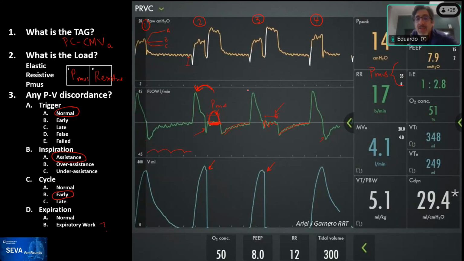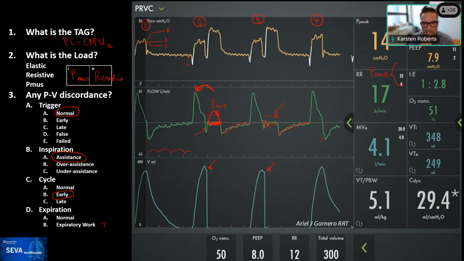You could also do an expiratory hold and see the length of your inspiratory time. Being at the bedside and having a waveform in which you can modify those things can help you understand a little bit better which one it is.